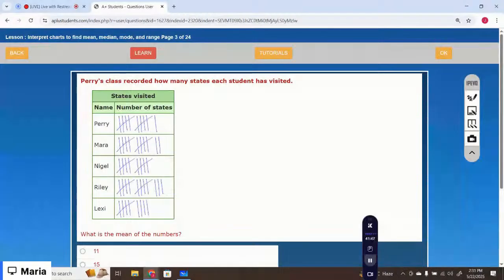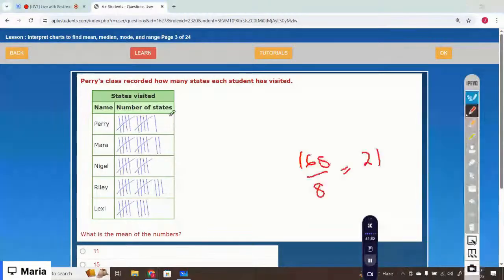So let's just count the values, we need to calculate the numbers.